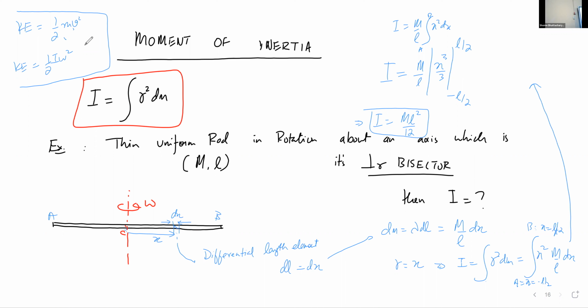Yes, different shapes of objects also, and not only different shapes of objects. Then one more example we'll end up with today, just 2 minutes, is the same rod with a different way of rotating. Now, one example which is not so direct: let's say the axis of rotation passes through the center of the rod, but it's not the perpendicular bisector.